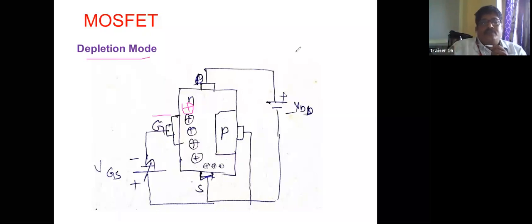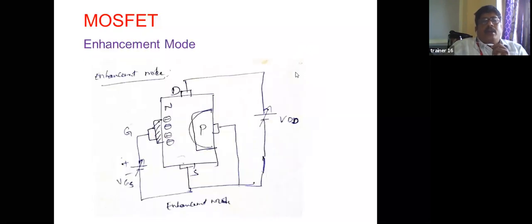If you go for the next one, enhancement mode. In this enhancement mode, the positive is connected to the gate. This side is positive, so automatically the other side develops negative, on the N channel. So here the positive gate to source voltage is supplied to the gate, thereby the negative charge develops more.